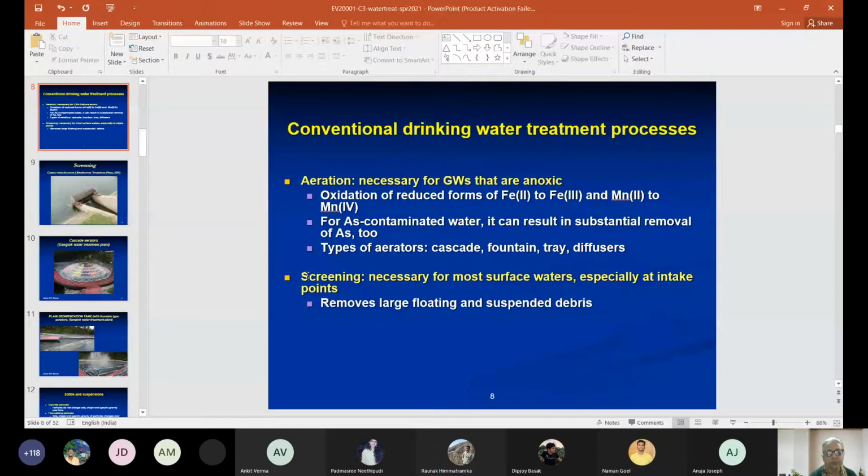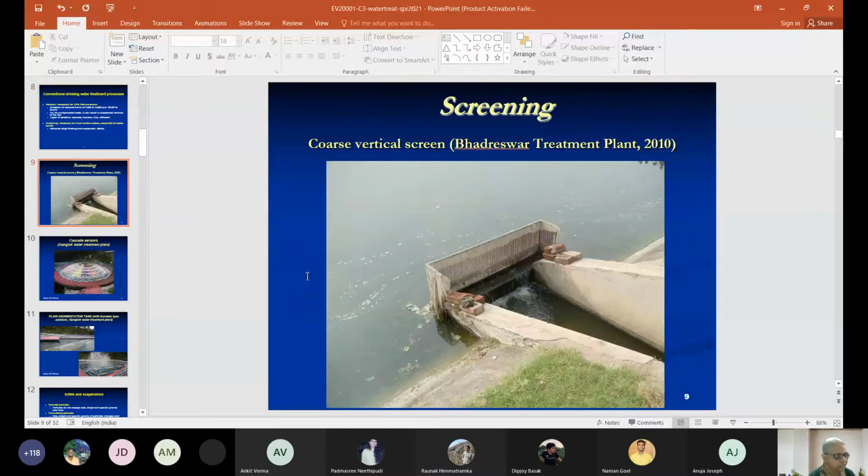So that is the main point. Generally it's perforated pipes. This is a graphic from a wastewater treatment plant, and this is a large screen. These kinds of large screens are used mainly in wastewater treatment plants.